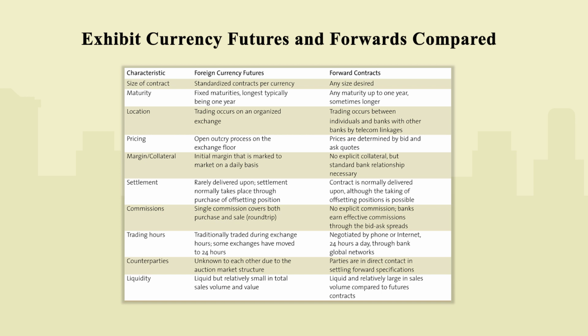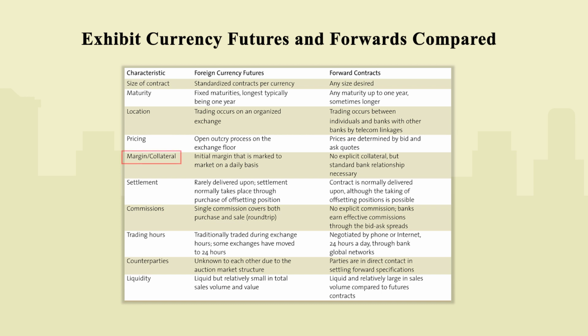From the mechanisms of pricing, exchange futures are priced through the open outcry process on the exchange floor, while over-the-counter futures are priced through computer matching on some special electronic platform, whereas the price of forward trading is determined by bid and ask quotes.